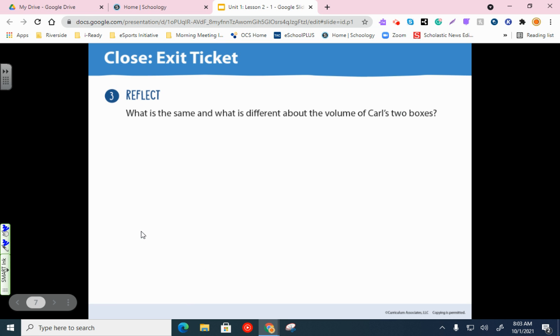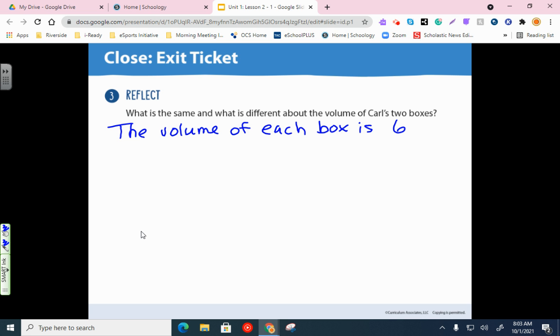And the last note for today. What's the same and what's different about the volume of Carl's 2 boxes? Here's what's the same. The volume of each box is 6 cubic units. So that's true.